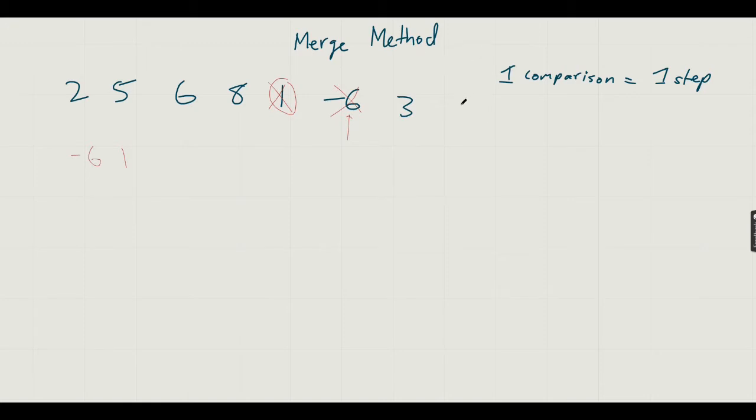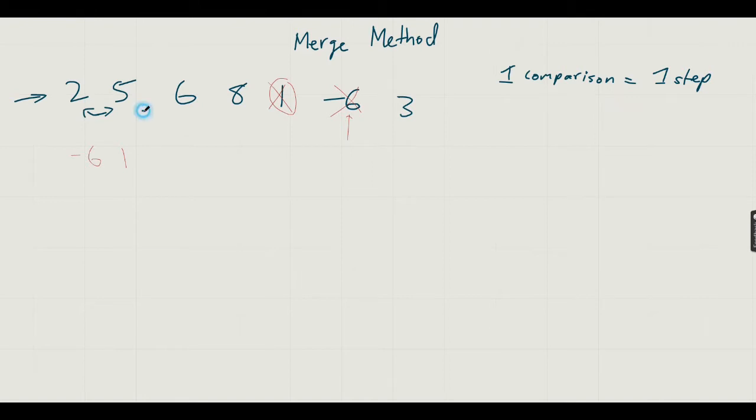So based on Daniel's method, let's say the computer started from here, and it were to find the smallest number out of the entire sequence of numbers. It would first compare 2 with 5.